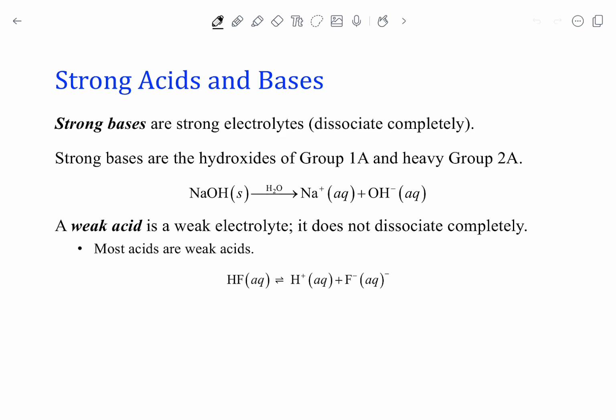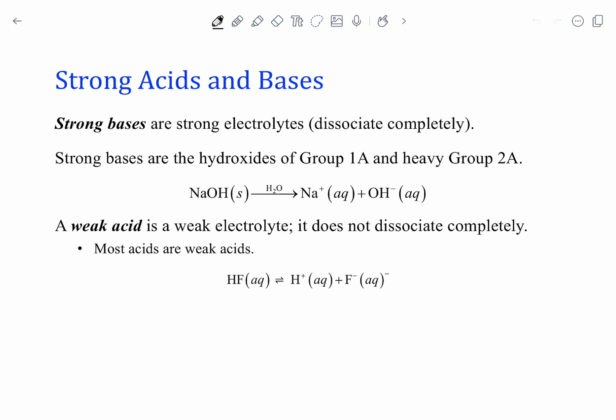Strong bases are also strong electrolytes, meaning they dissociate completely. These are ionic compounds because they have a hydroxide ion and are made up of a group 1 or 2 metal. Therefore, they dissociate into their specific ions. They don't react with water in any way.